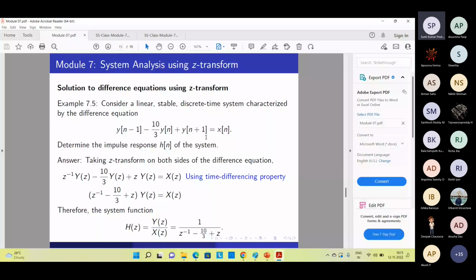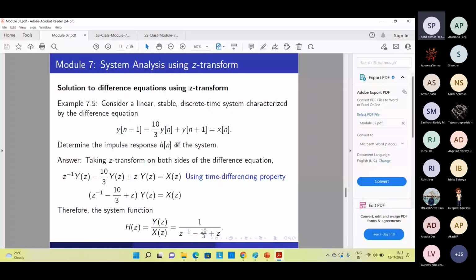As I said, H of z is nothing but Y of z divided by X of z, right? So here you find Y of z divided by X of z, which gives rise to H of z. Now when we take the inverse z transform, that gives rise to your impulse response, which is nothing but h of n. Okay, so how can we do this?